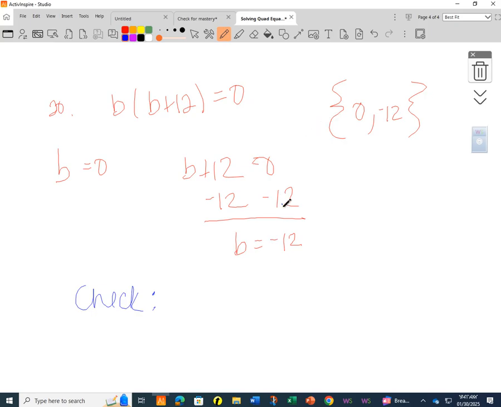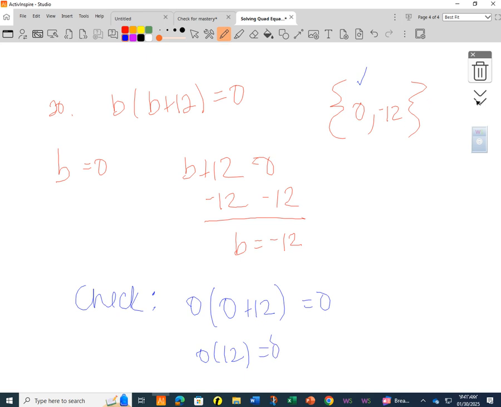You have to do it two different times, right? So for the first one, we're going to plug in 0. So instead of b, we're going to say 0 times 0 plus 12 equals 0. So we replace the b with 0 in both spots. Make sense? All right, so this would be 0 times 12.